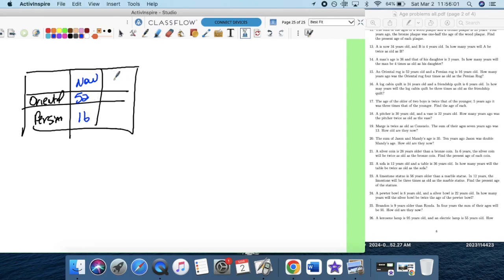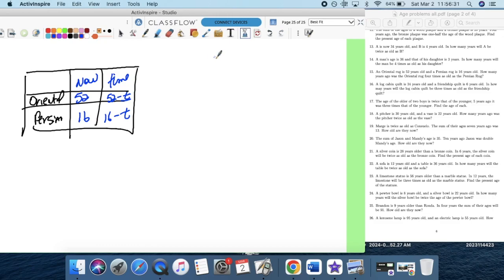So here is the time. Years ago, so 52 minus a certain time, or 16 minus that certain time. How many years ago was the Oriental rug 4 times as old as the Persian rug? Well, let's set up the equation.